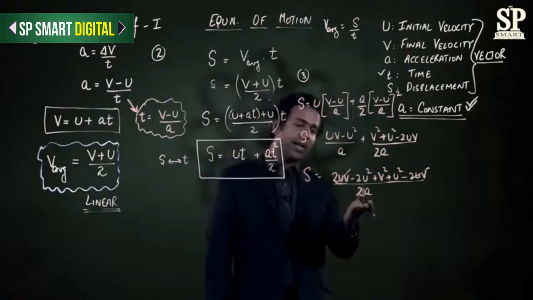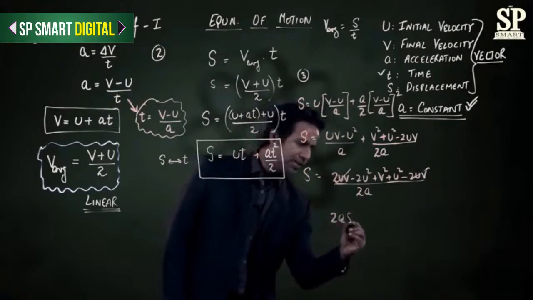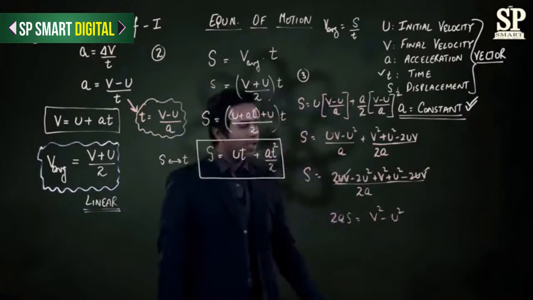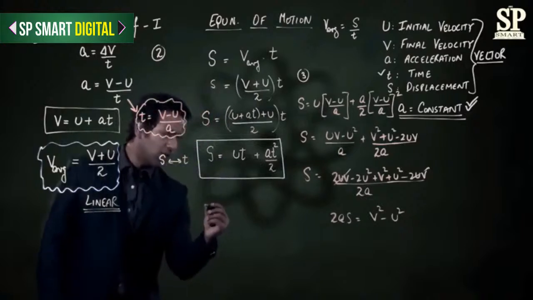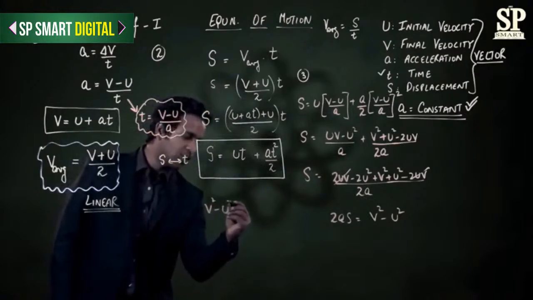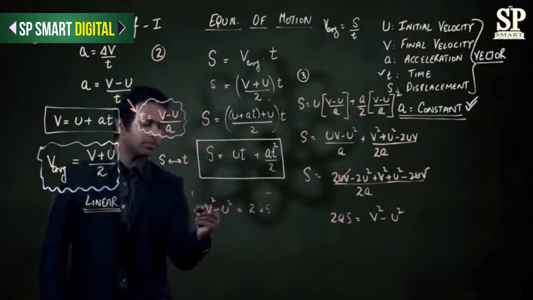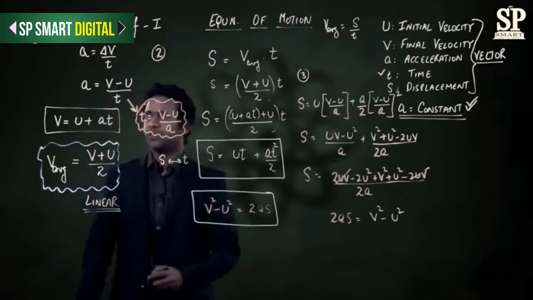Additionally, if I take 2a to the left hand side, I see that 2as is equal to v square minus u square. So this is the third equation, which is often written as v square minus u square is equal to 2as. This is the third equation of motion.